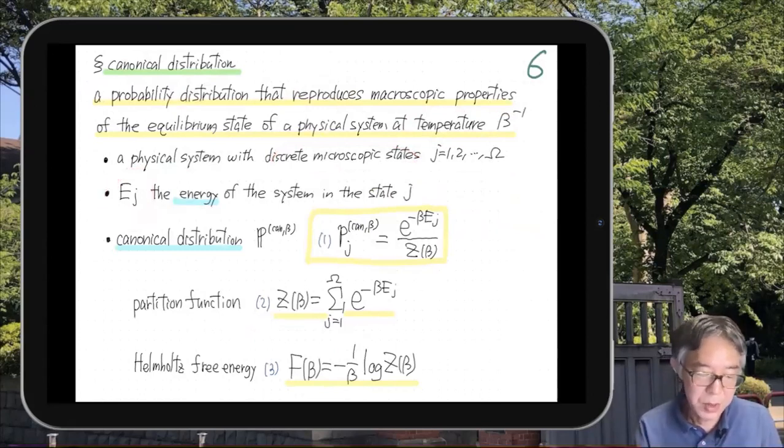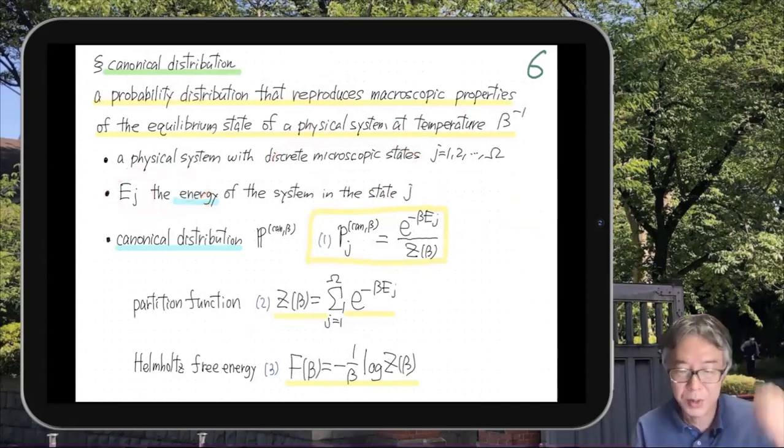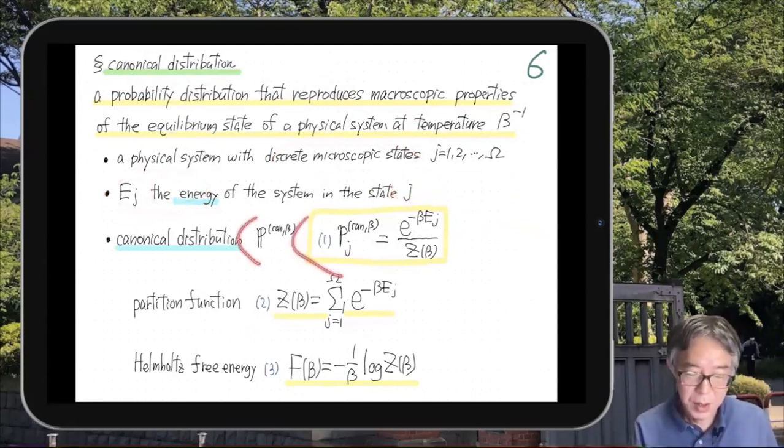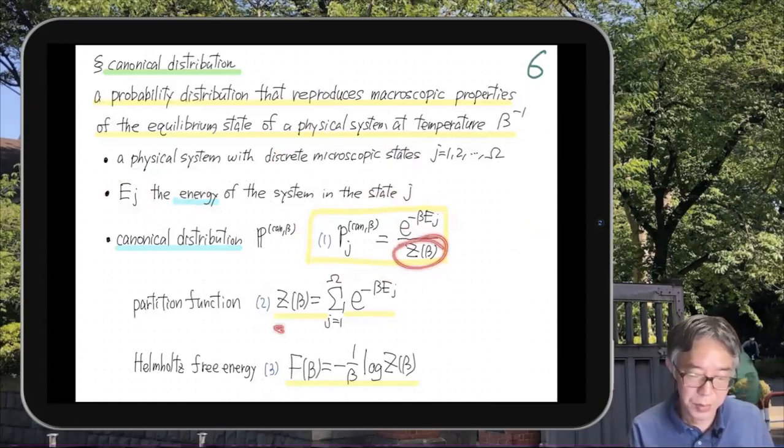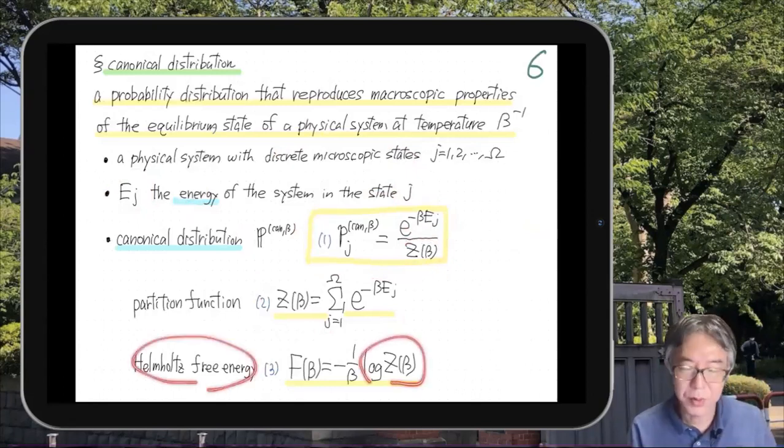So this is the microscopic energy of the state j. And the canonical distribution p is given by this. And here is the Boltzmann factor, and this is the normalization constant, usually called the partition function. And it's known that the log of Z gives the Helmholtz free energy.